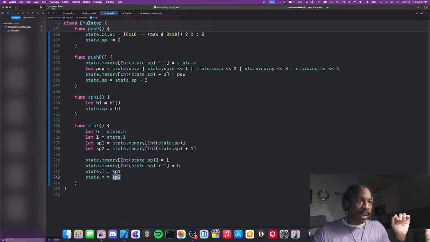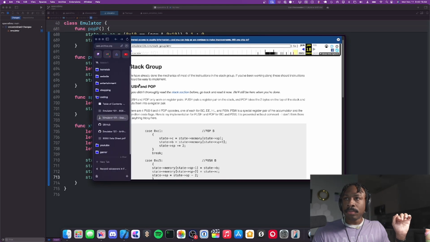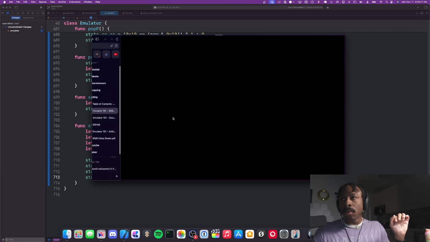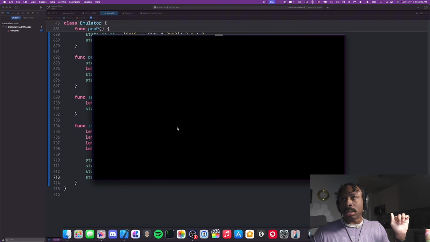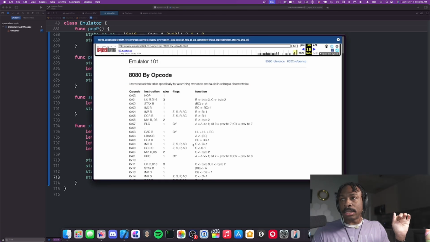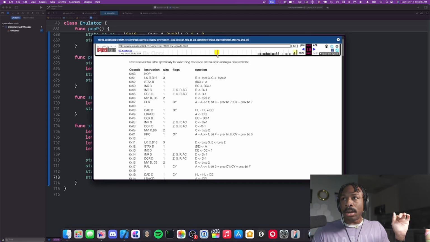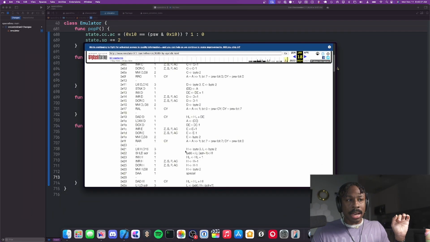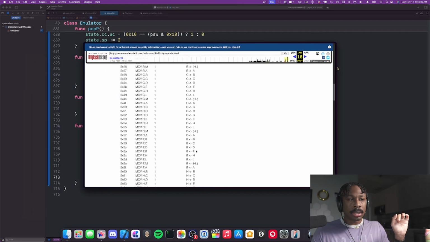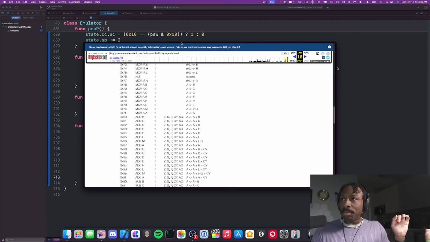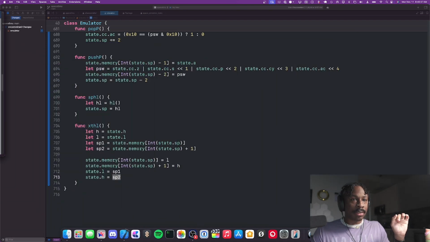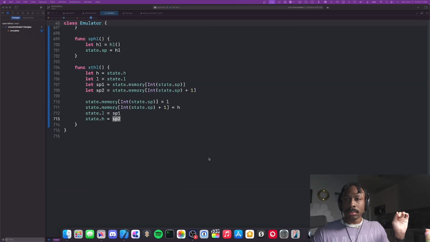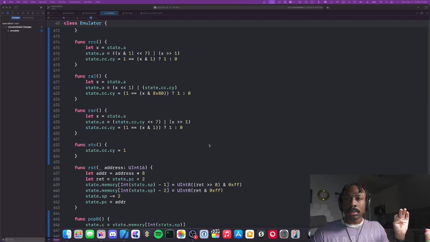All right, now that we have this done, we have to use these helper methods that we just created. As you can see, we have the big instruction list here. I'm going to have it off to the side. Cool.